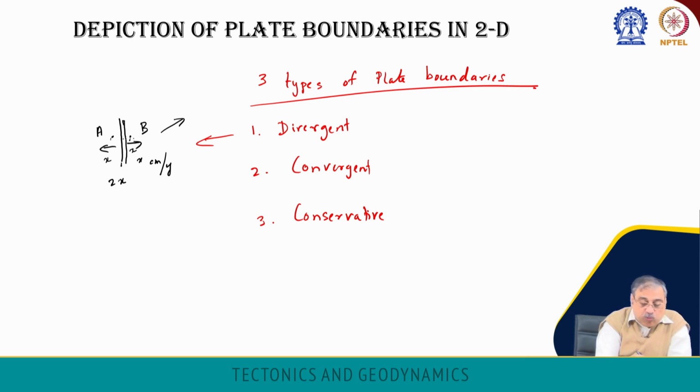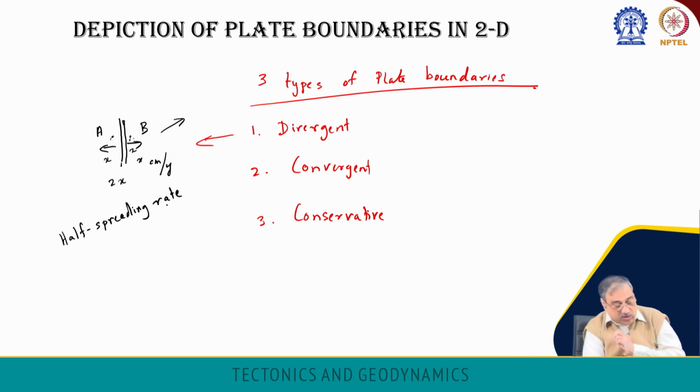So, in the context of divergent boundaries, we use a term called the half spreading rate. This is the rate at which new lithosphere is being created here. The relative velocity between the two plates on either side of a mid-oceanic ridge, that is, the spreading rate, would be twice the half spreading rate.